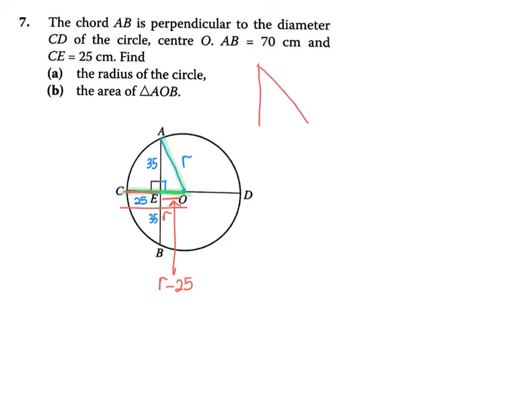It's a right angle triangle, radius R, length 35, and this length OE over here will be R minus 25. In this case, we will have to try to solve a quadratic equation in terms of R. So let R be the radius.